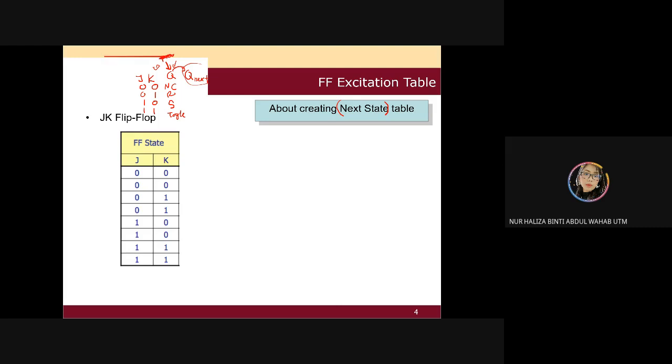Sometimes we call this the present, and this the next. So you have this kind of thing. This will be your no change, this will be your reset, this will be your set, and this will be your toggle.